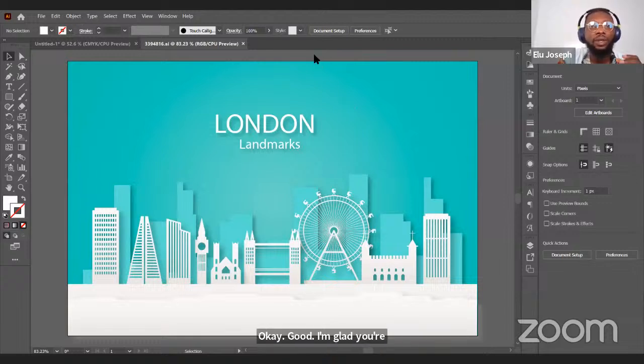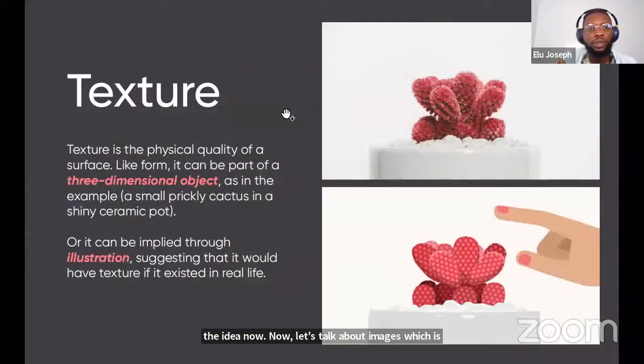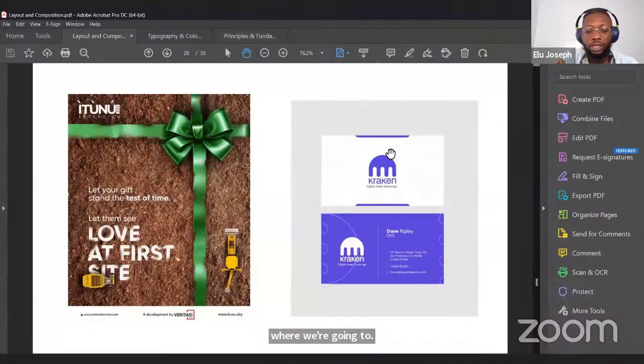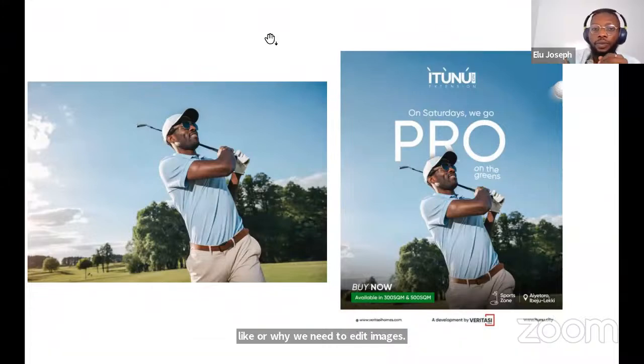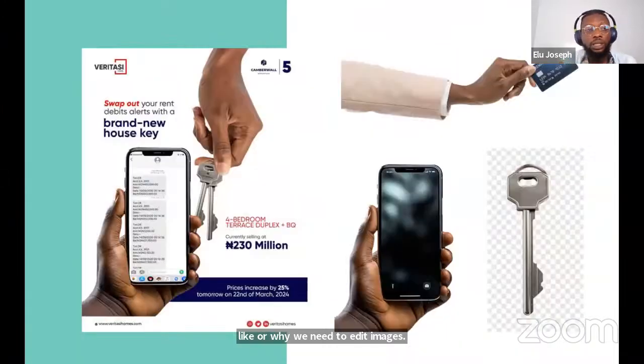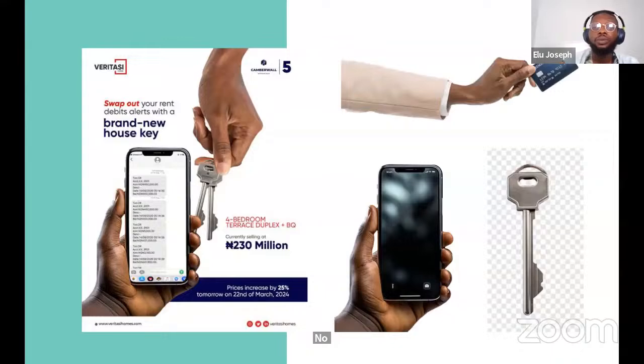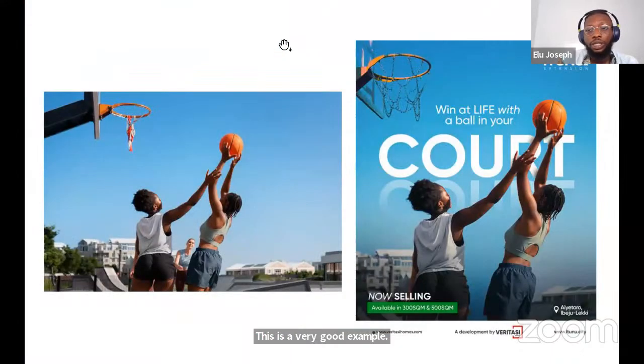So you get the idea now. Now, let's talk about editing images, which is where we're going to. We want to see what editing images looks like, or why we need to edit images. This is a very good example of editing images. You can see that this is the original image.